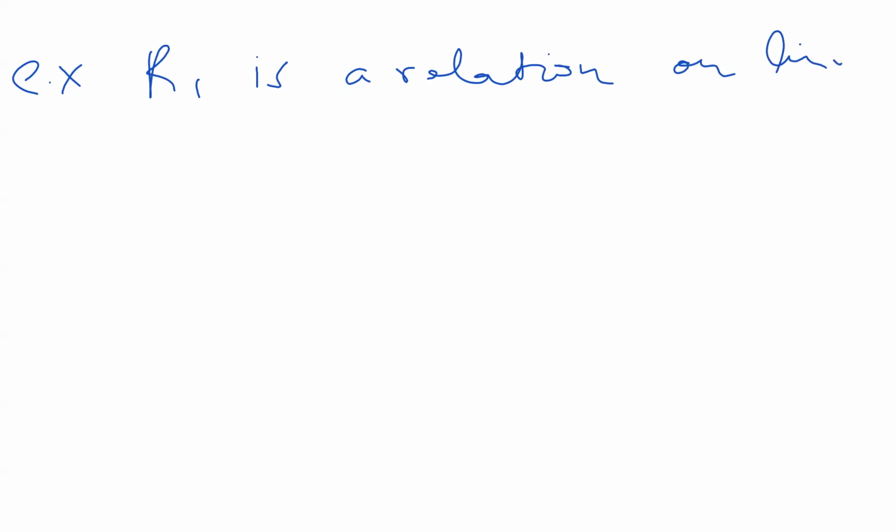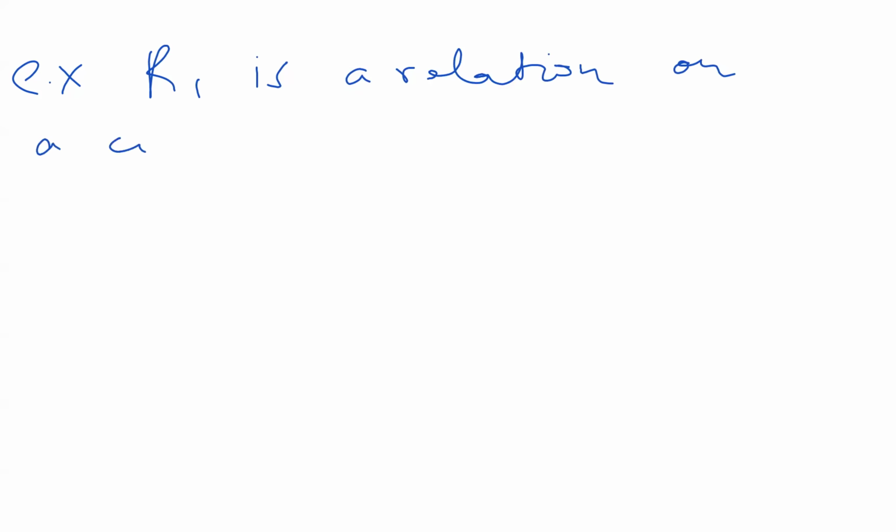Next one. R1 is a relation on coplanar lines. On coplanar lines means on a single plane.